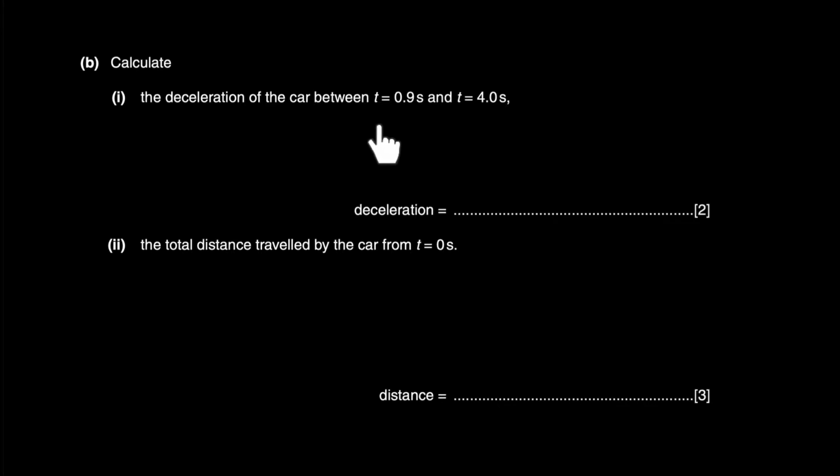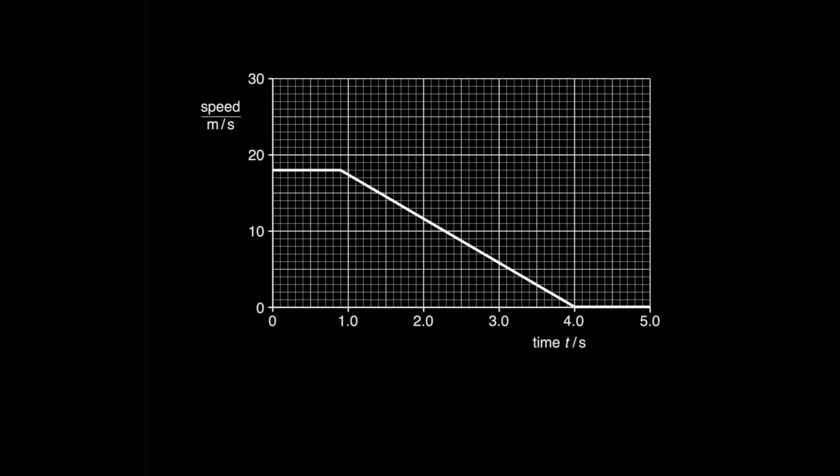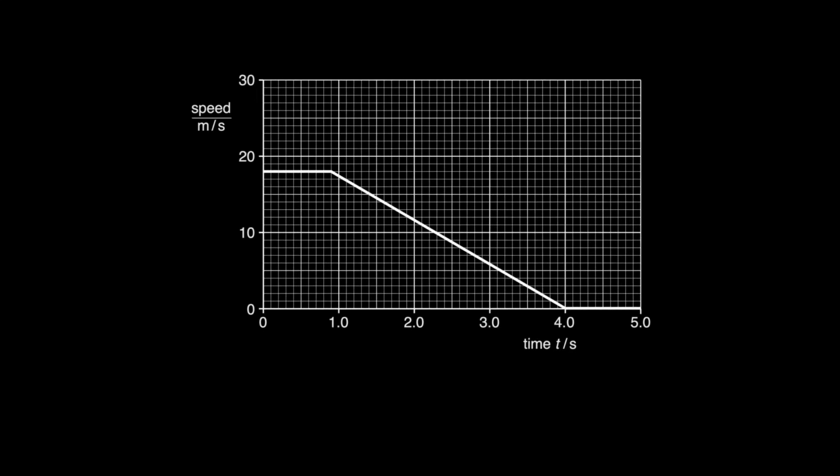Calculate the deceleration of the car between t equals 0.9, which is when the brake was initiated, and t equals 4. So if we take a closer look at the graph, that's when the car is slowing down, right? So this is 0.9 seconds. What is the speed over here?